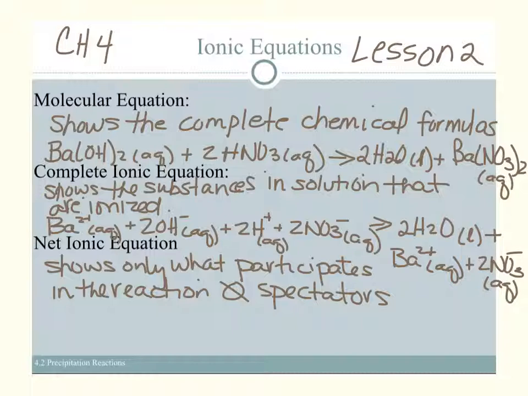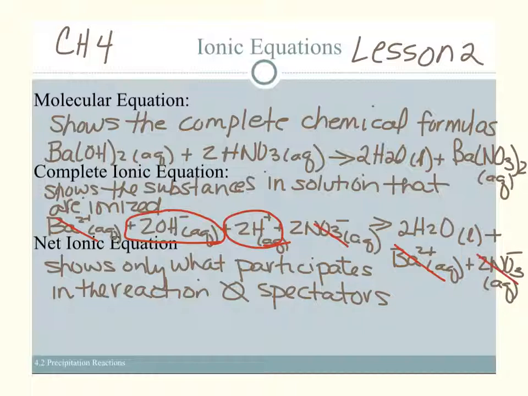So let's look at both sides of this equation. Ba appears on both sides. It's a spectator. OH minus does not appear on both sides. This participated in the reaction. H does not appear on both sides. This participated. NO3 appears on both sides.